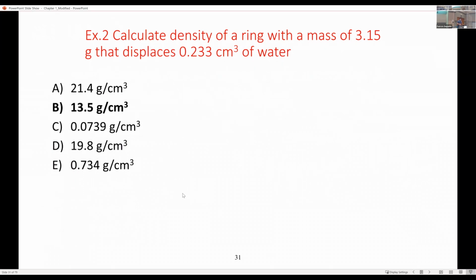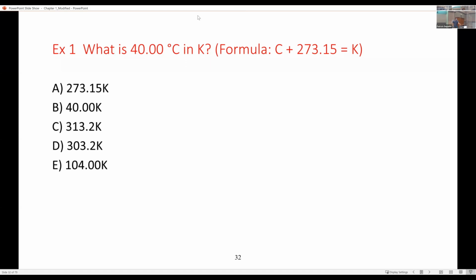Okay, continuing. Here's another conversion. We didn't really cover this one yet, but we will. I don't know why they put this up so early, but we didn't talk about temperature really. There are 3 units of temperature: Fahrenheit, Celsius, and Kelvin. We didn't talk about those in depth yet. But let's say you have the conversion formula of Celsius to Kelvin.